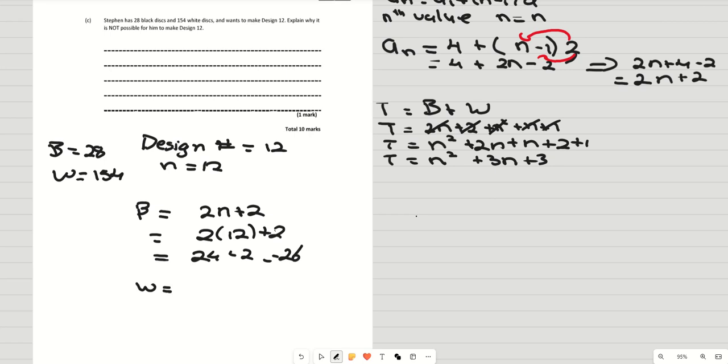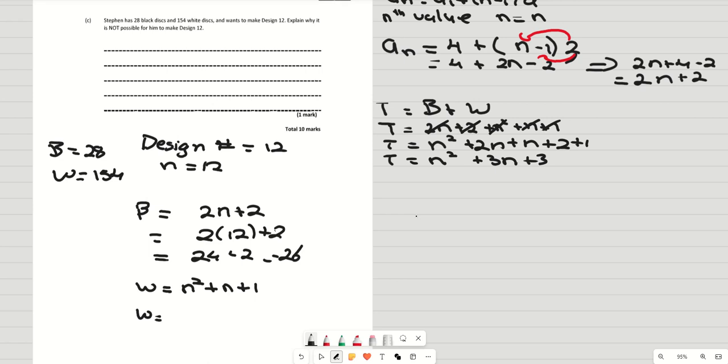White is equal to n squared plus 2n plus 2. No, sorry, my mistake. N squared plus n plus 1. So we put it in that formula.